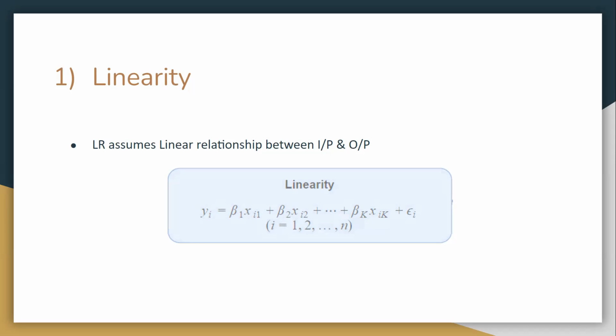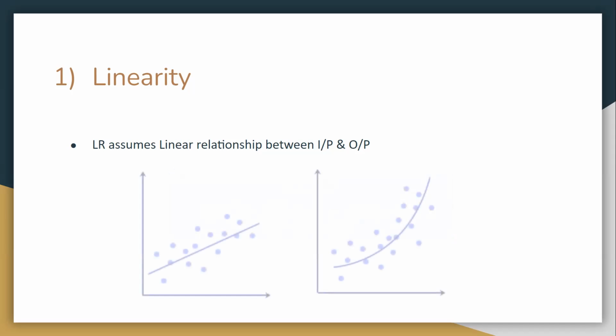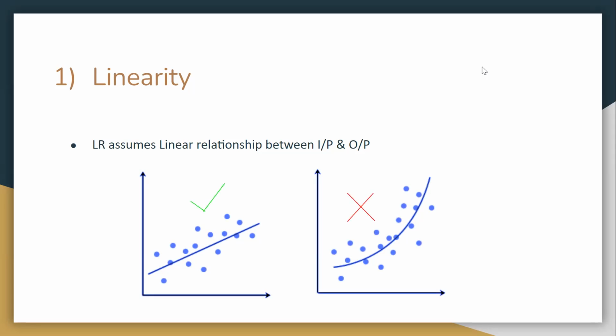Obviously, if the data that you find after the initial analysis is non-linear, then linear regression cannot be used for analyzing such models. So you will have to look at alternate regression models to analyze the data. It's quite obvious that the curve on the right is a bad fit for linear regression.